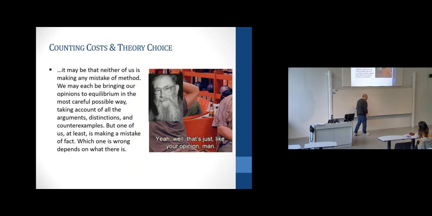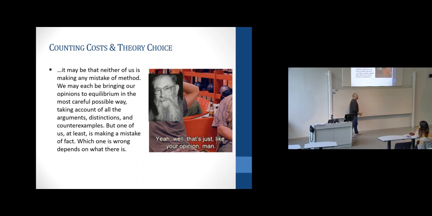Remember, this is all driven by a kind of epistemic humility. We're doing the best we can from where we started, with the tools we have available to us. So this method, the cost-benefit analysis method, the equilibrium method, has a beautiful upshot of putting the methodology of philosophy in line with theory choice in science.